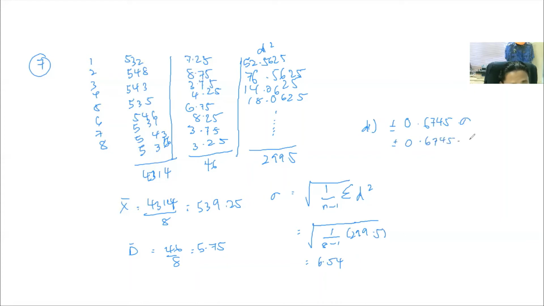So 0.6745 multiplied by 6.54, plus minus 4.412. Right, so that is the probable error.